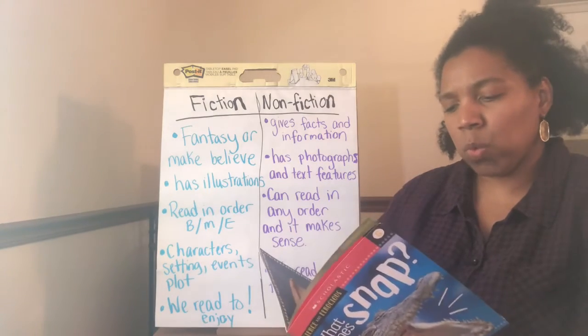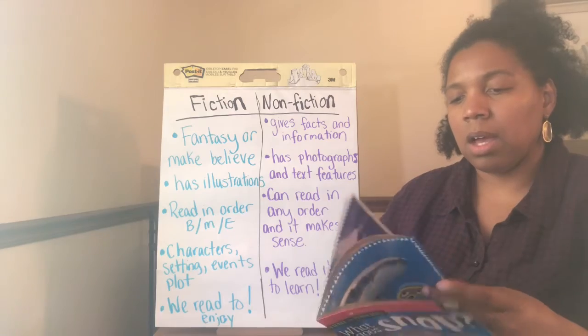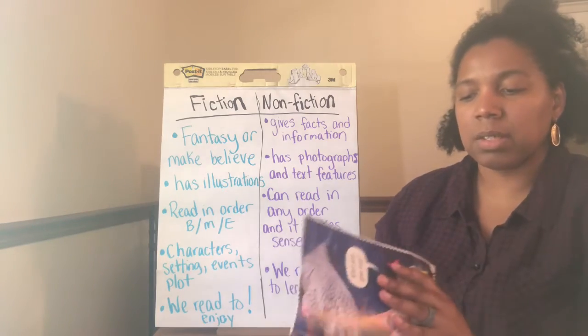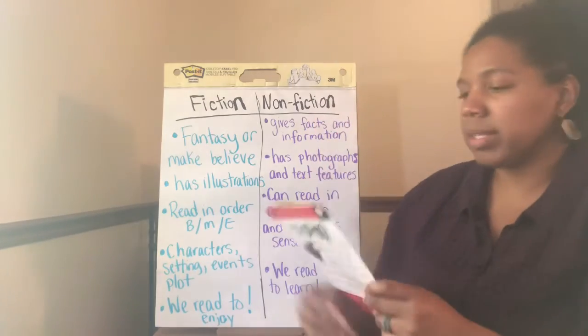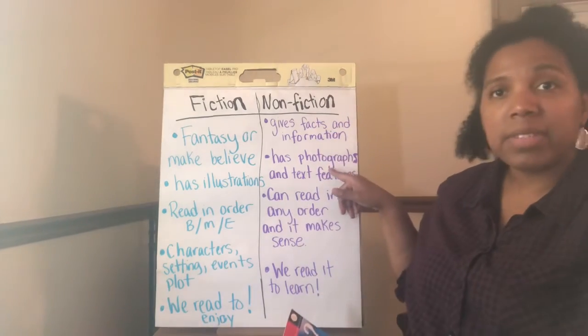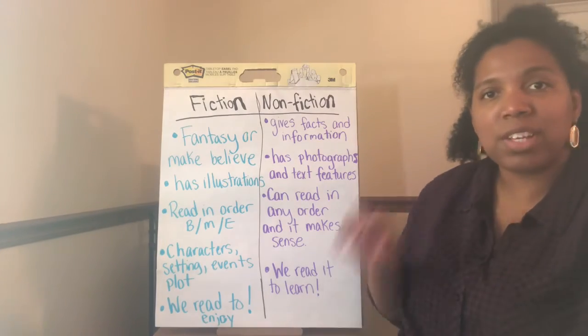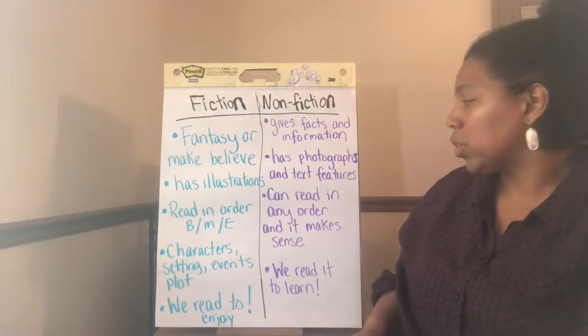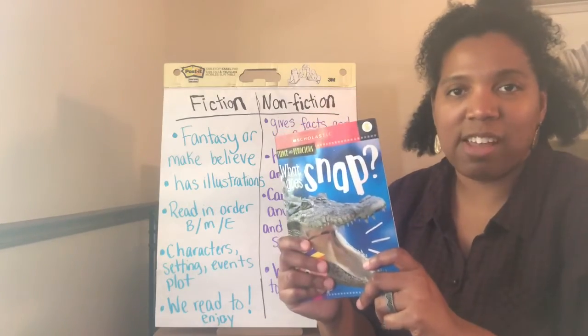It doesn't matter what order I read this in, I'm going to learn something. It also talks about hippos. I saw photographs in here and not illustrations. I saw some text features, I think some captions. So this would be an example of a nonfiction text.